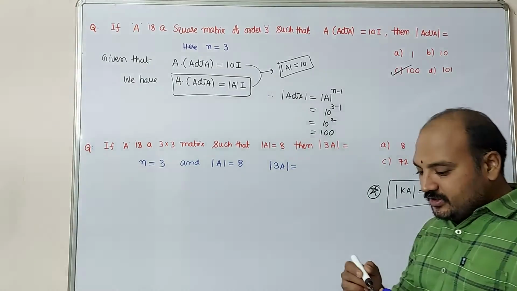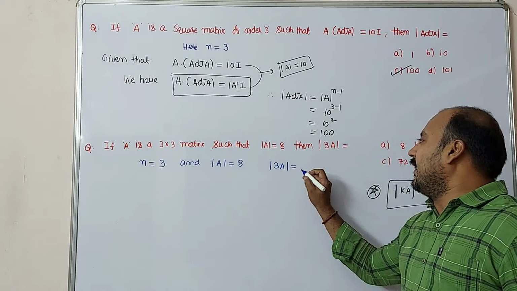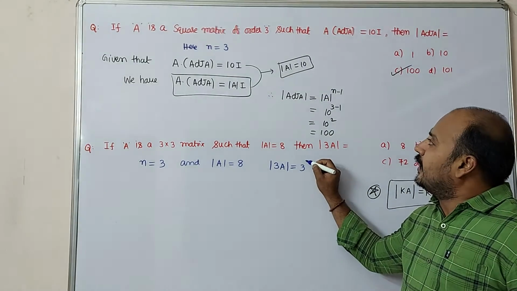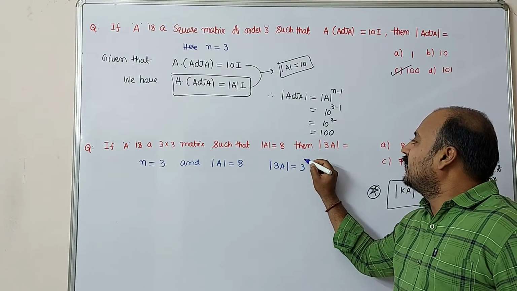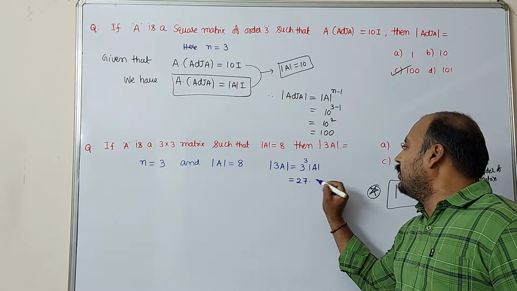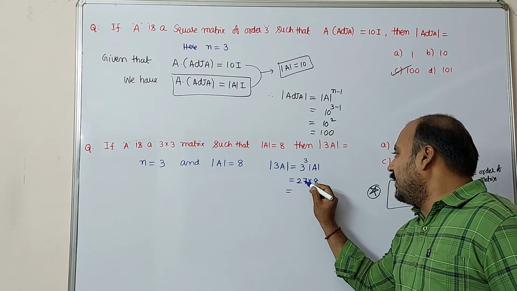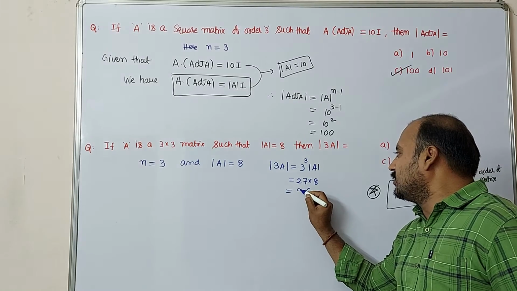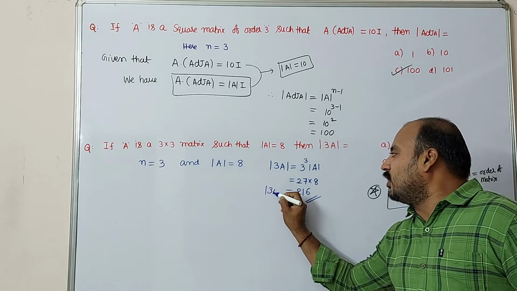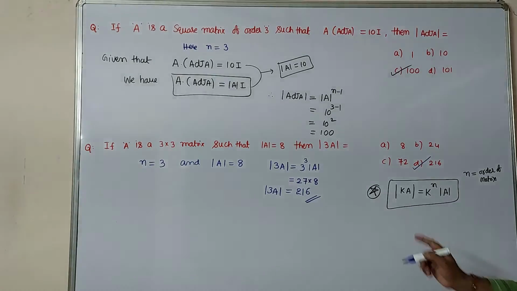By using this formula, det 3A equals 3 power n, here n is 3, into det A. So 3 power 3, 27, into det A, which is 8. 27 times 8 is 216. So det 3A is equal to 216, which is in the fourth option. You have to remember this result.